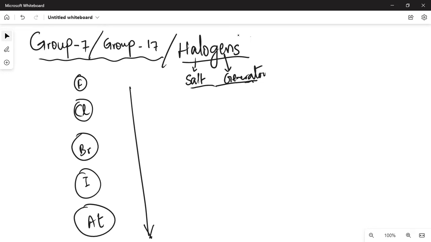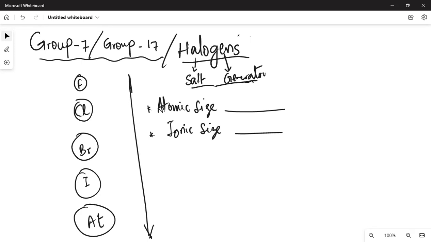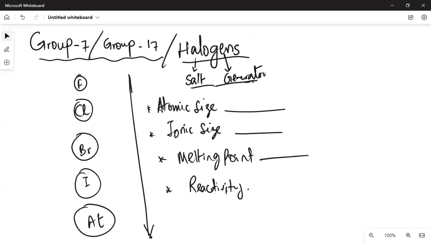So again, we list some of the properties of group 7 elements towards astatine, including atomic size, ionic size or ionic radius, melting point, that's an important one, and reactivity, and then oxidizing power.